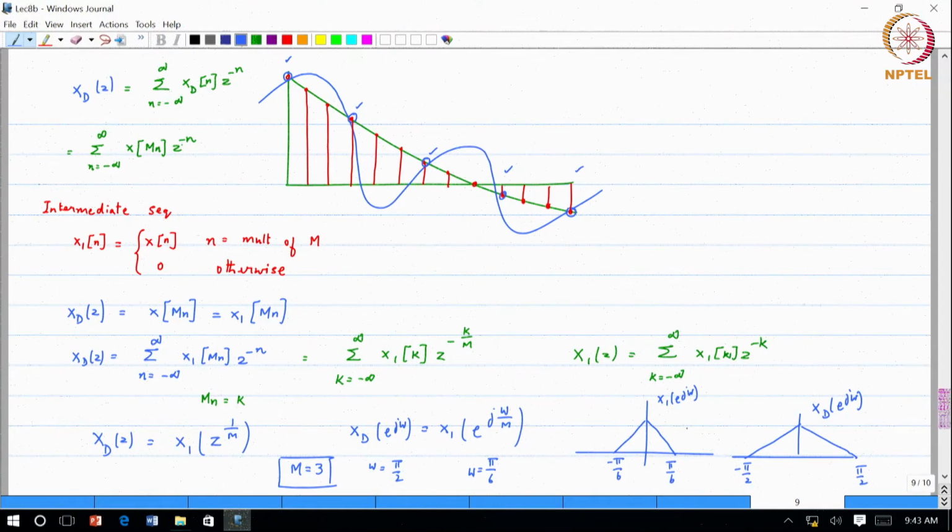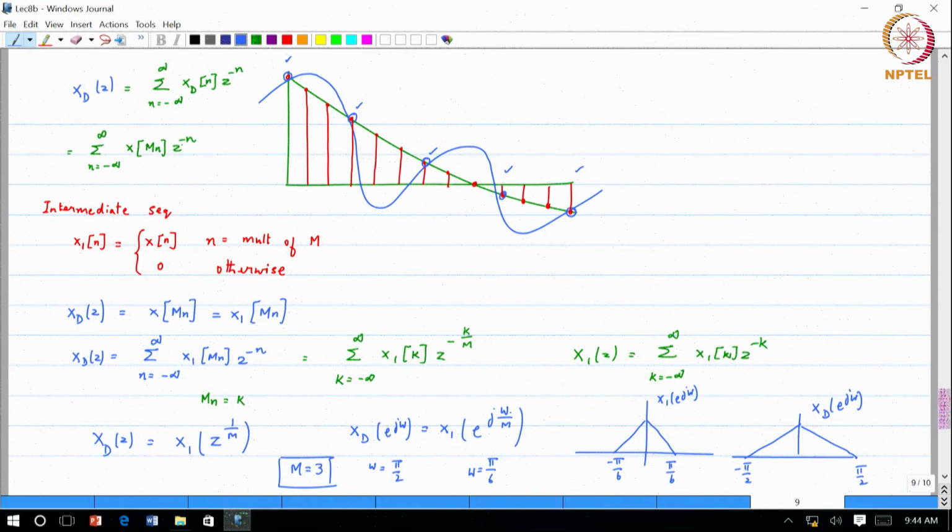This was shown only to tell you that in the range from 0 to π/6 you will actually have a stretching of frequency. If I actually had to draw X1(e^{jω/M}) or Xd(e^{jω}), I would have to draw from minus M times 2π to M times 2π. But the periodicity of Xd is still 2π. That is why I did not want you to get confused with the scale.